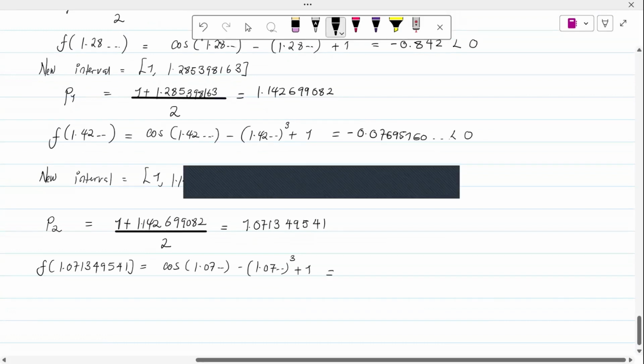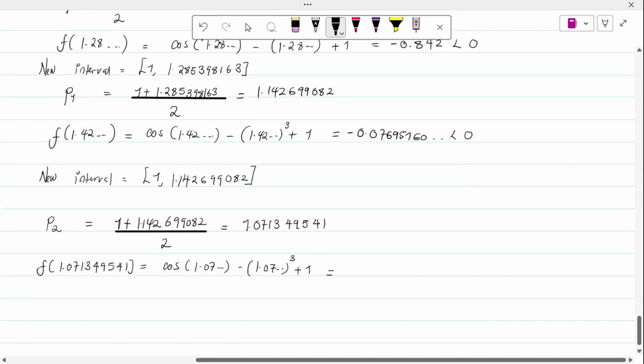So what value are you getting there? 0.249. Okay, I just need the sign here. You see that this value is greater than 0.